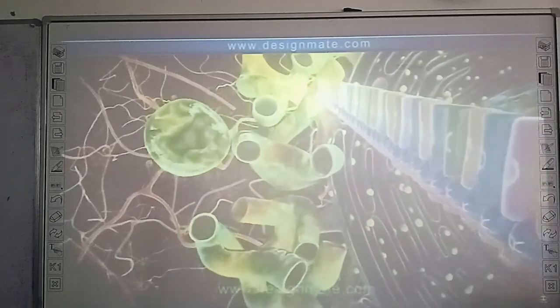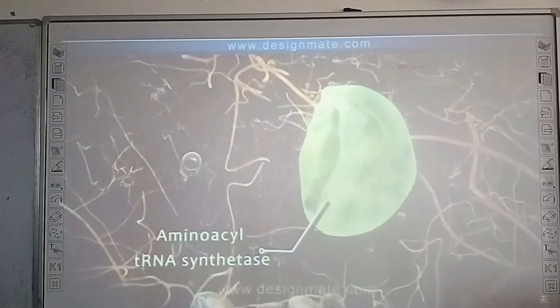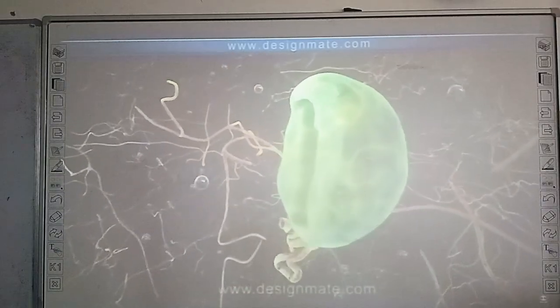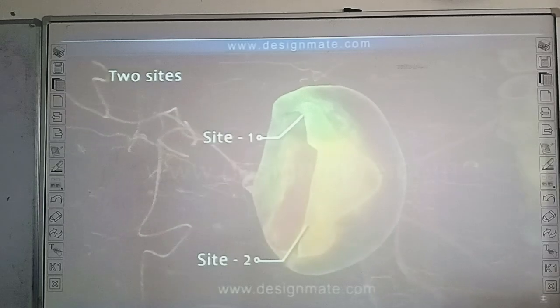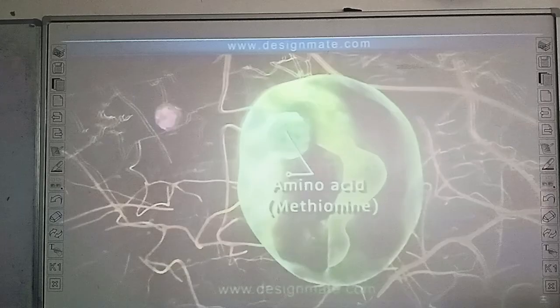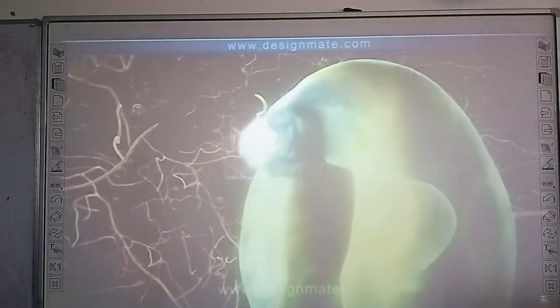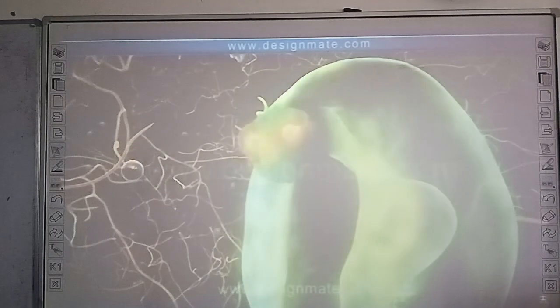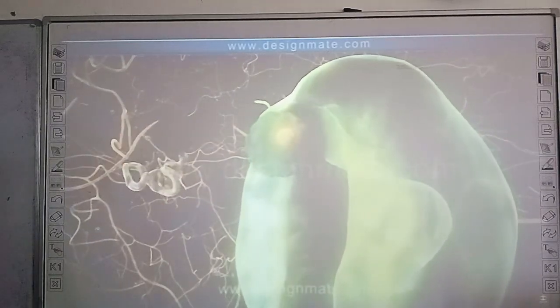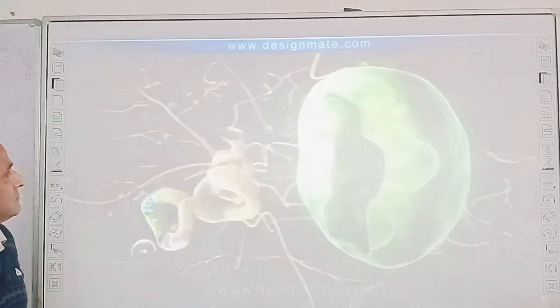Present in the cytoplasm is an enzyme, amino acid tRNA synthetase. The enzyme macromolecule has two binding sites. One site recognizes the amino acid methionine. This is followed by the binding of the ATP molecule and release of pyrophosphate, resulting in activation of the amino acid.